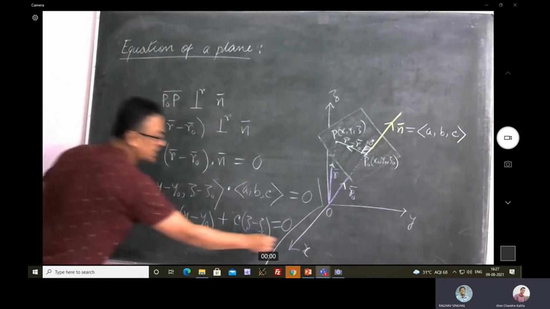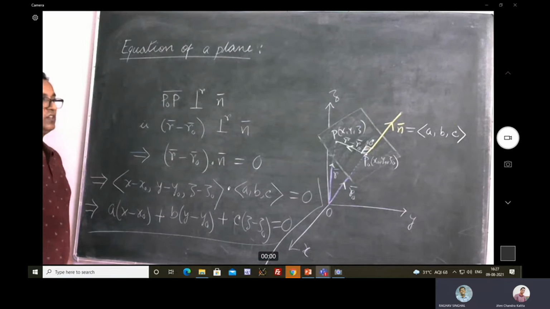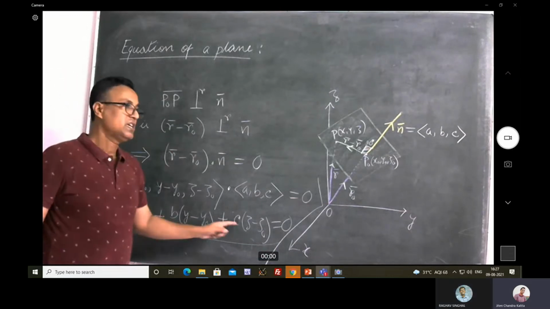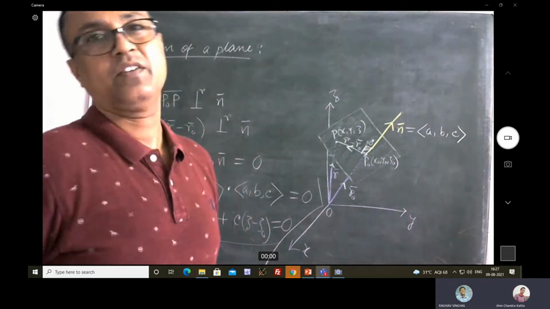So this is the equation of a plane passing through the point x naught, y naught, z naught, where A, B, C are the components of the normal to the plane.